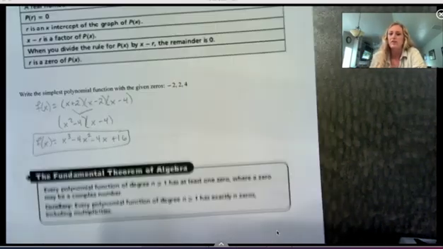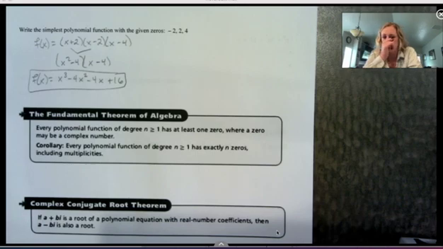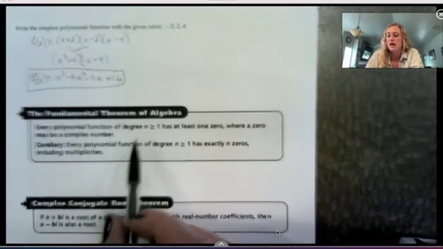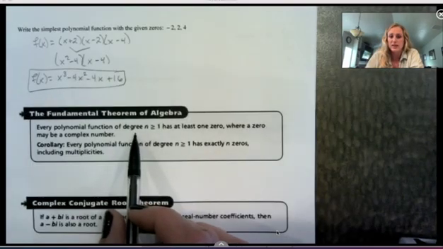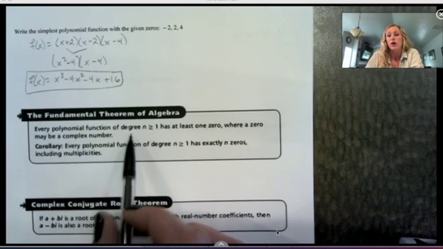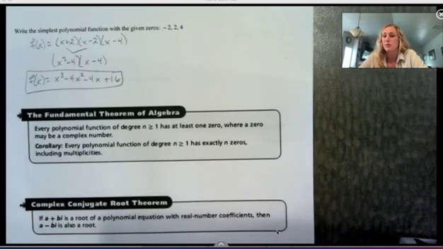Okay? All right, so revisiting the fundamental theorem of algebra, remember that the degree tells us how many zeros there are. Now, something we haven't seen yet is that we can actually have complex zeros, okay? These ones will not be shown on the graph, okay?